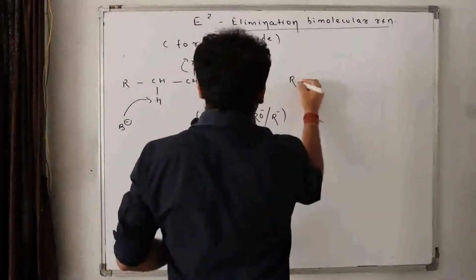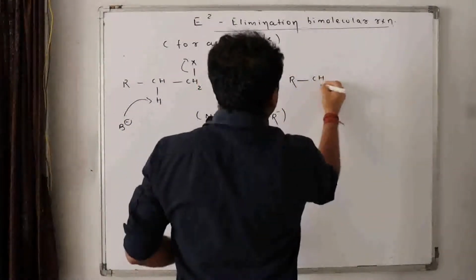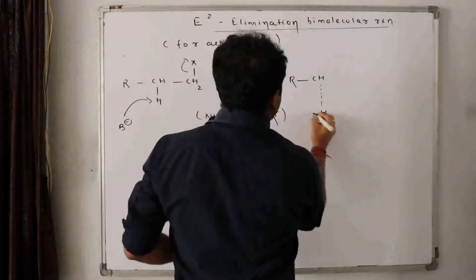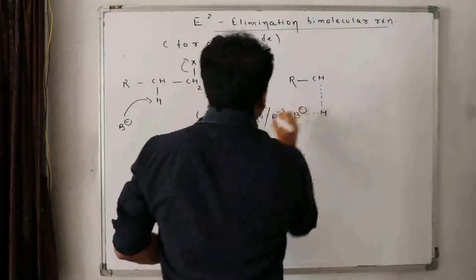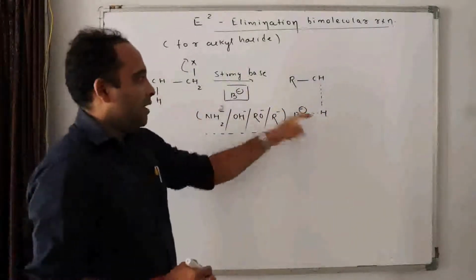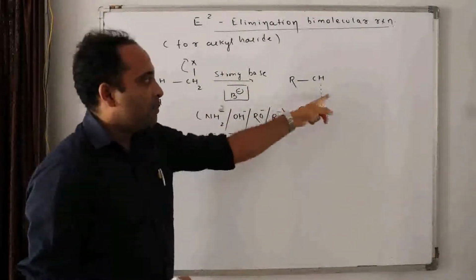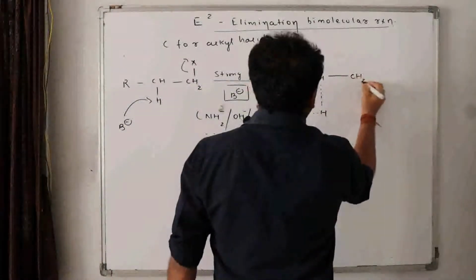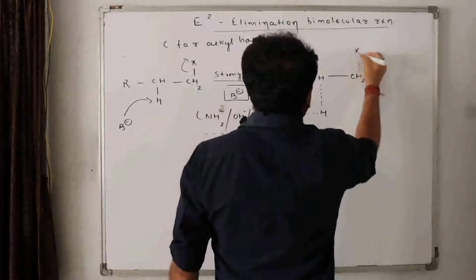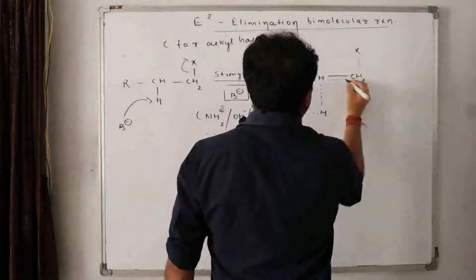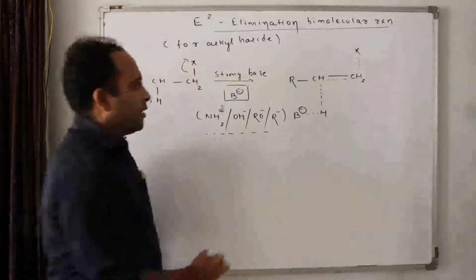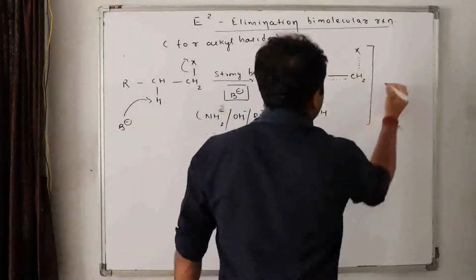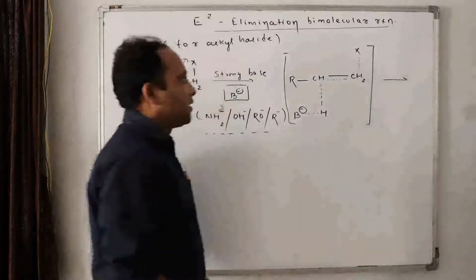In the transition state, this bond is breaking, and here the base, I'll represent base as B minus, is getting attached to this hydrogen, and this bond is breaking. Now here the C-C bond is becoming a double bond. This is the transition state.